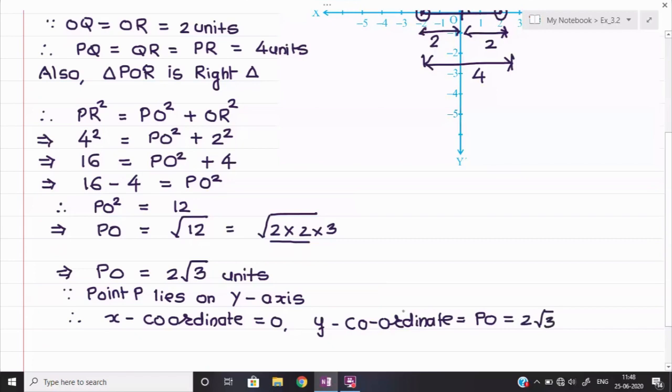Okay, so finally we can conclude the coordinates of point P are given as (0, 2 under root of 3). Okay, this is the answer of this question. A little lengthy, but only one Pythagoras theorem we have applied and simply we got the answer. So this is the answer of your second last question.